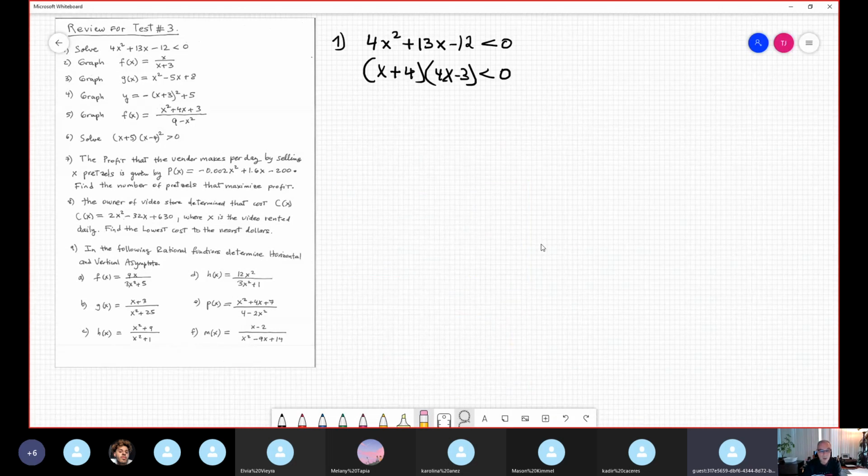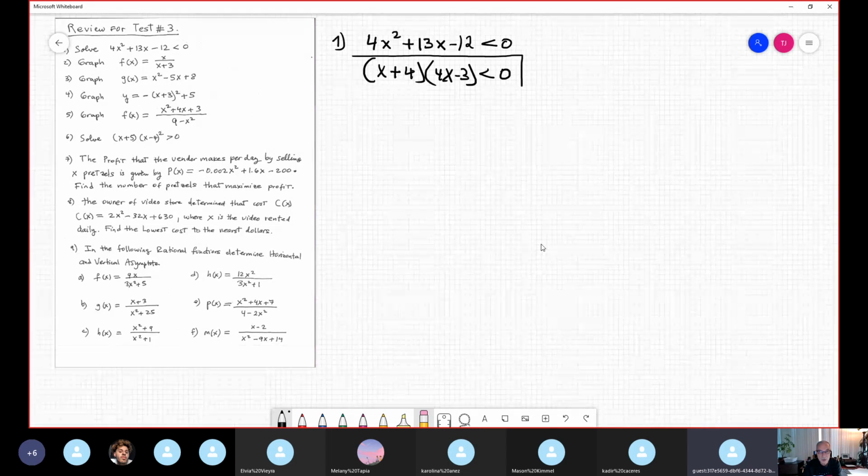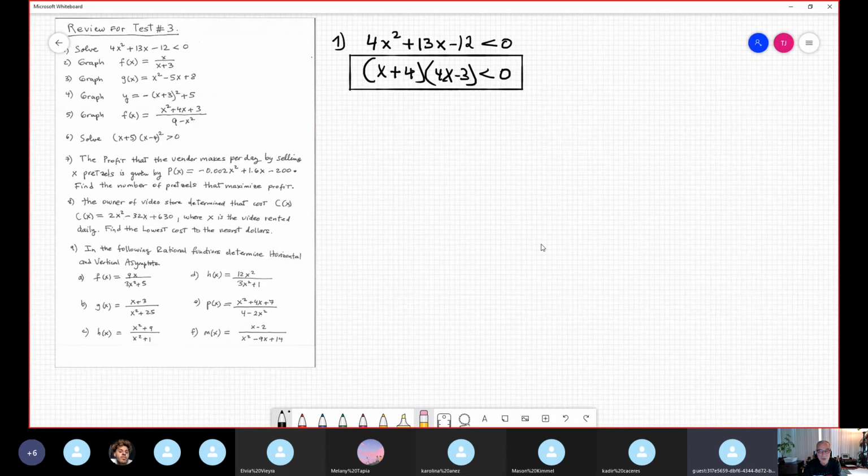Now I convert this inequality. By the way, I want to enclose it in a box because this is actually the inequality we are solving. It's equivalent to the original, but this is clearer to understand.